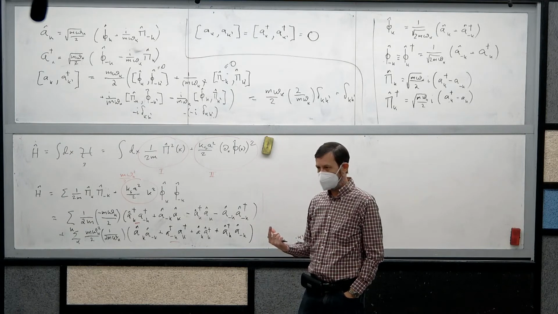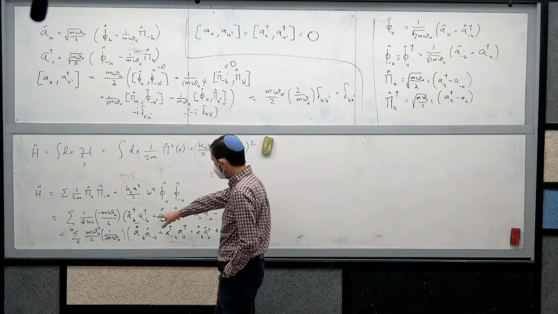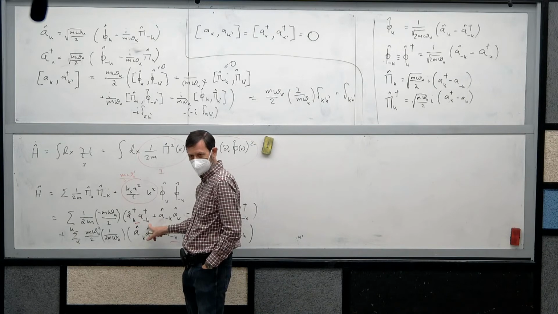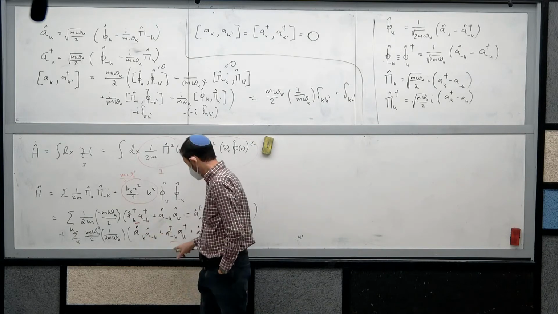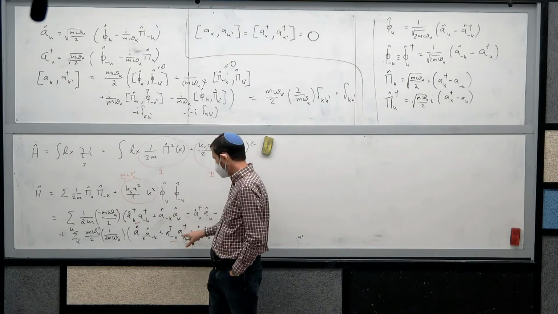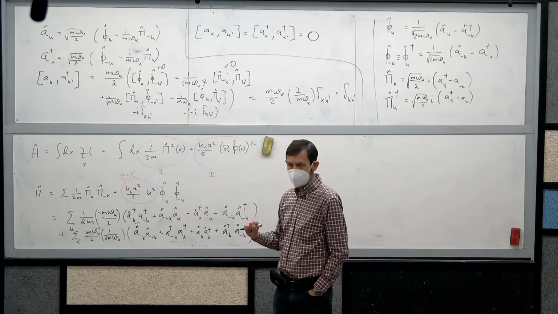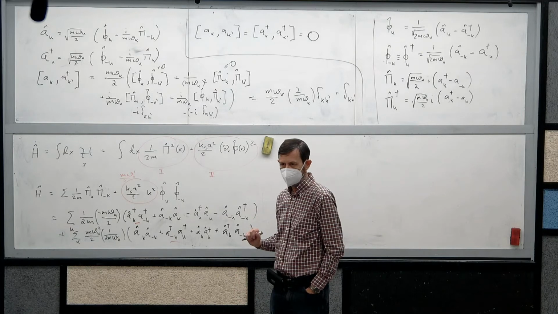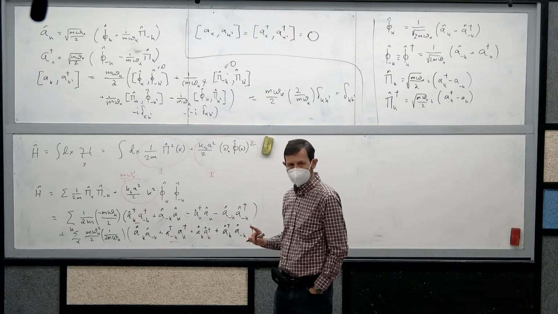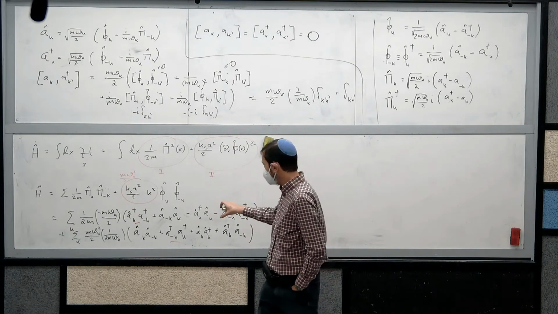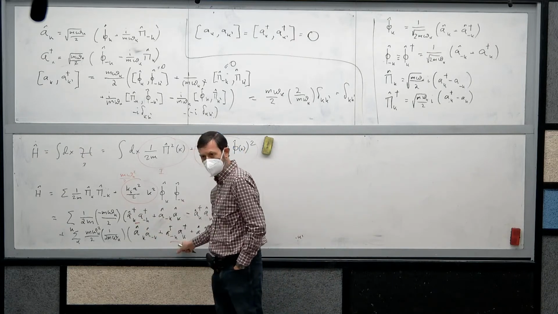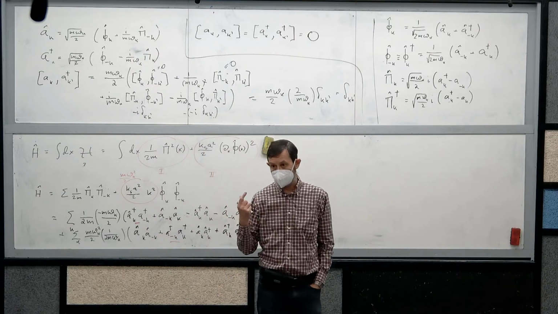The problem is, it's k and minus k. Here it's minus k and k. Is that a problem? It commutes. No, I want to show that they are equal, and this is a minus sign, and this is a plus sign.